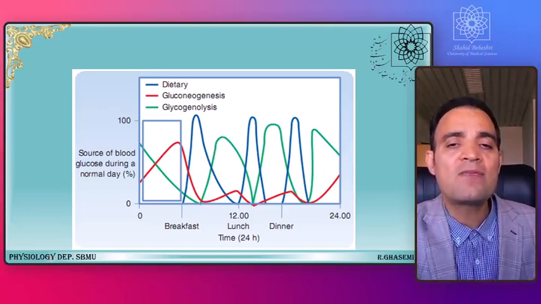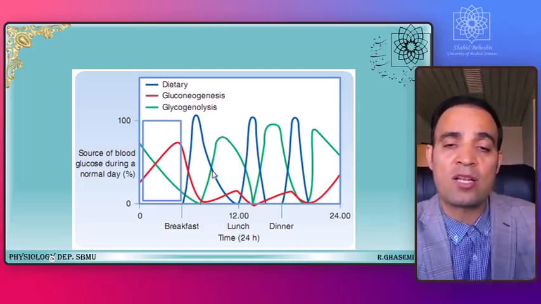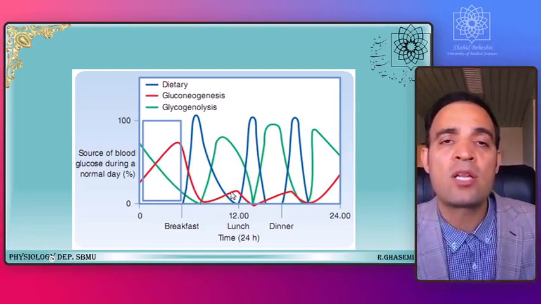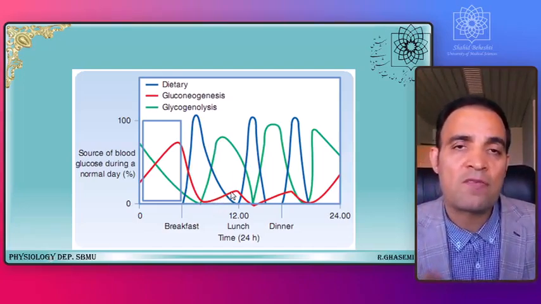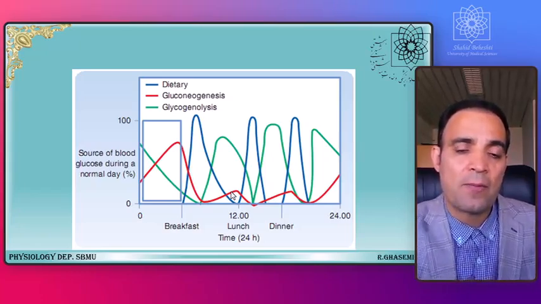And if this was not able to restore the glucose to its normal level, then another mechanism will also help, and this is gluconeogenesis, formation of glucose from other sources such as amino acid and fatty acid.